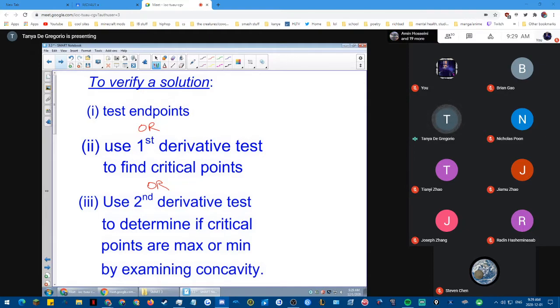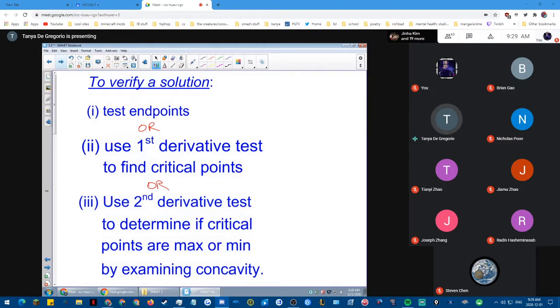There's the first derivative test, which, as I said before, once you find those max or min values, we call them critical points. Then you just test the left and the right and see if you're going from a negative to a positive or a positive to a negative. Or you can use what's called a second derivative test. You have to find the second derivative, and what this does is it gives us inflection points.